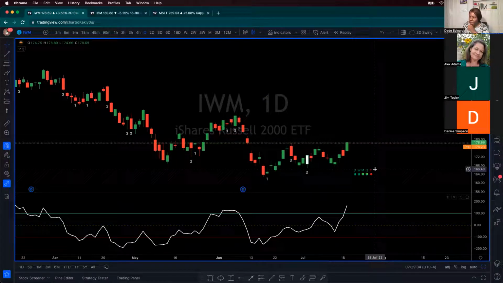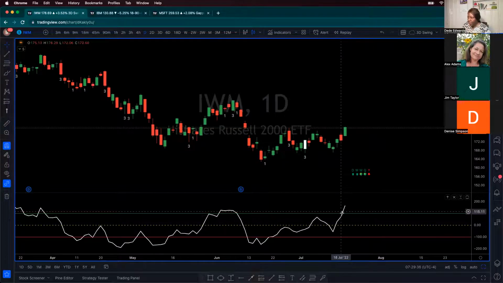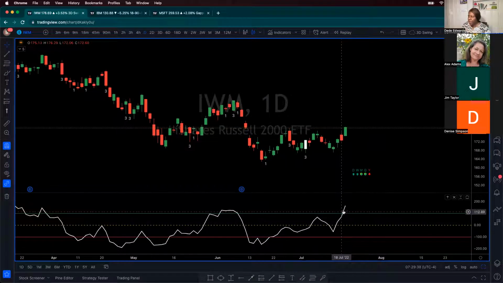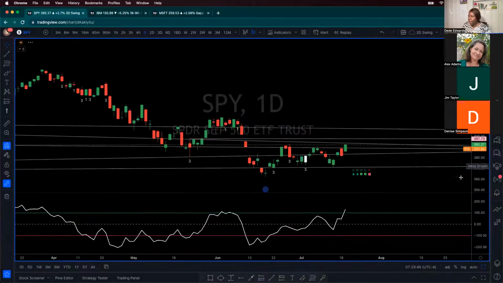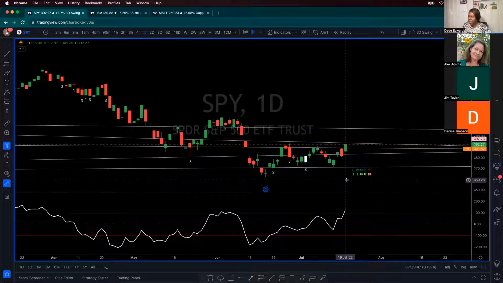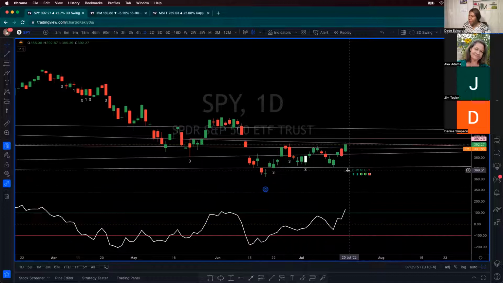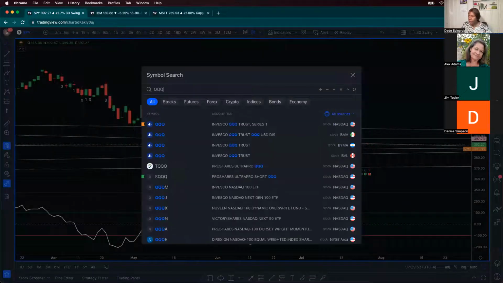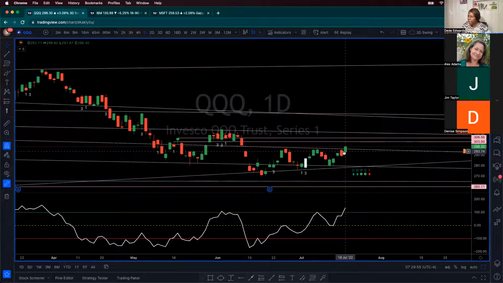Here's what they all have in common, guys. Look at my CCI. Crossed above 100. I saw that yesterday, and I was like, oh, there you go. The market still has momentum to the upside.